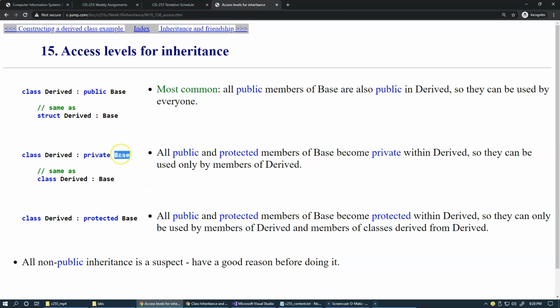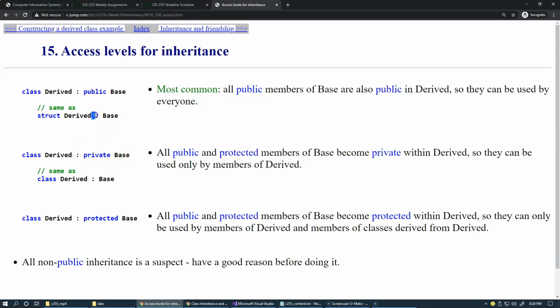So we say, okay, there is a base class, and we want to inherit everything privately. And by the way, private inheritance is the default. So if this keyword is missing, not included, then the access level of inheritance is considered to be private.